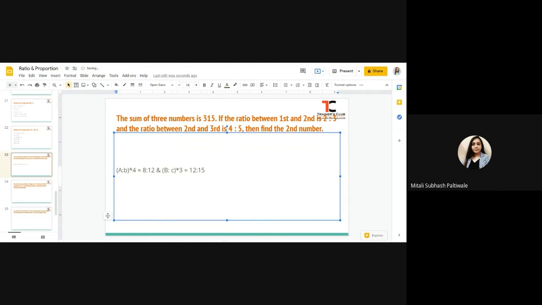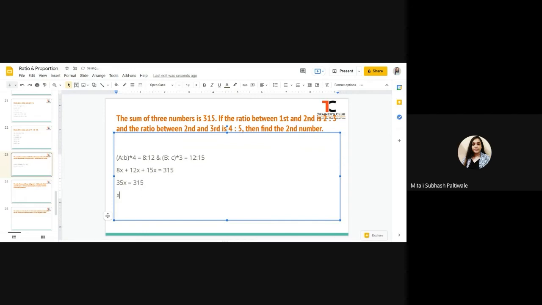The first part would be 8x plus 12x plus 15x is equal to 315. Okay. Let's find out the value of x. 8 plus 12 plus 15 is 35. 35x is equal to 315.